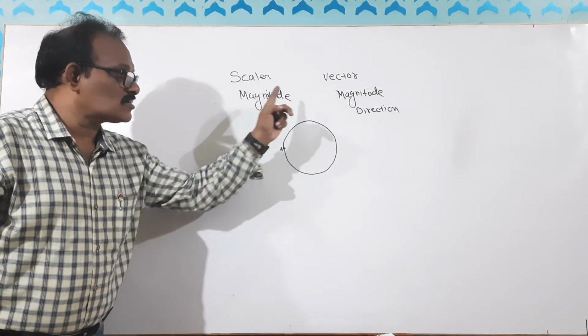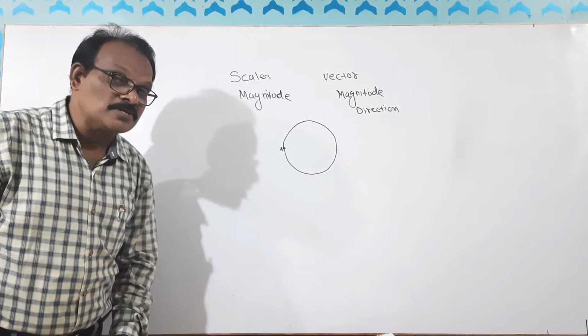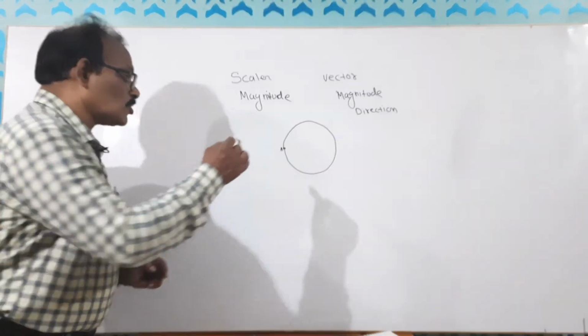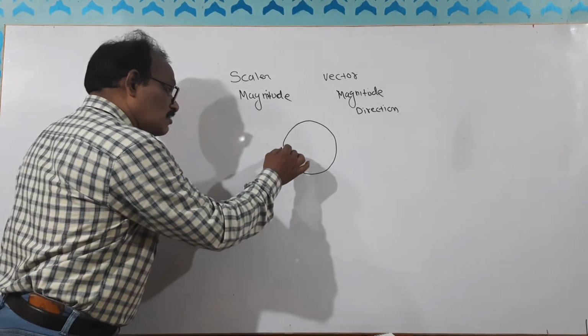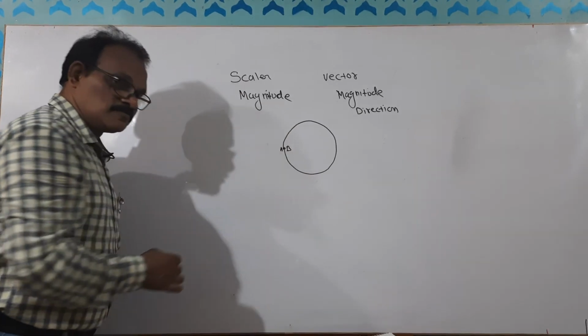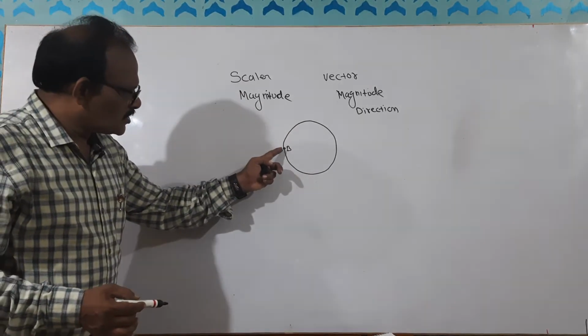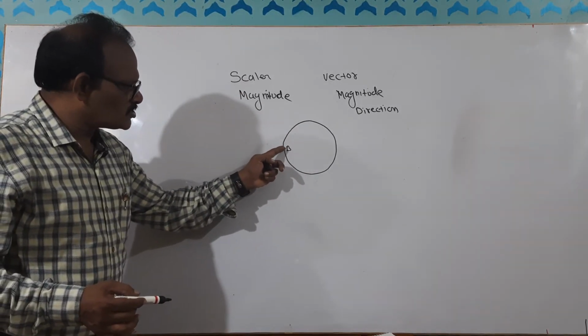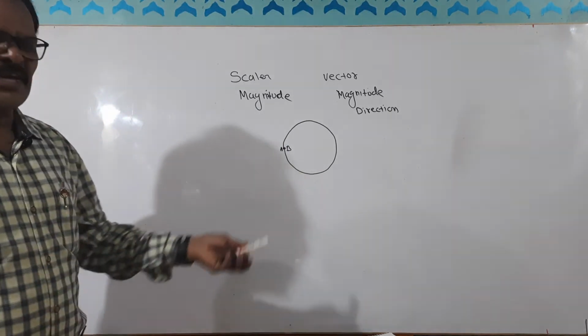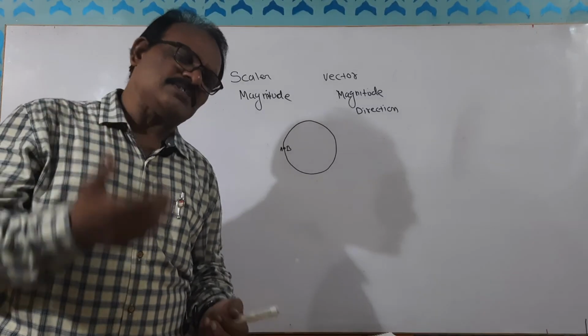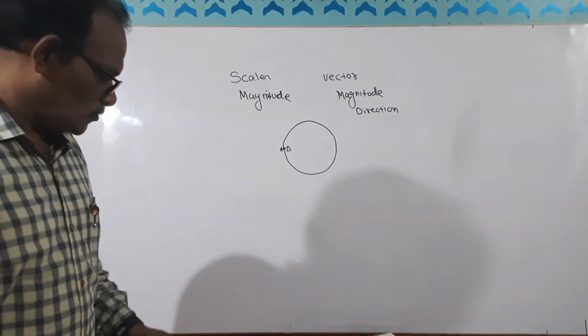But what is the displacement? The initial point is A and the final point is also A. So if the distance between the final point and the initial point is nothing, 0, then distance may vary, but displacement may sometimes be 0.